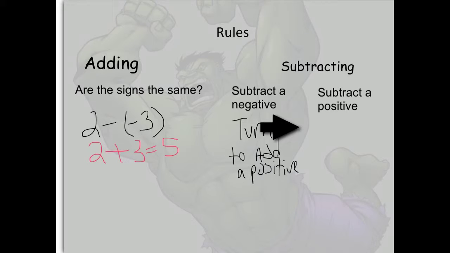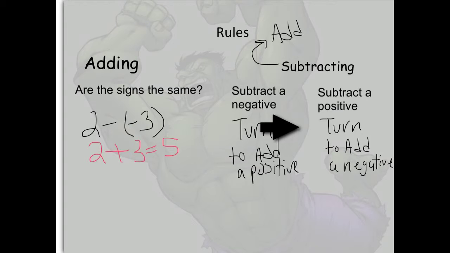Or we could be subtracting a positive, and in that case we turn to add a negative. Really the rule for subtracting is add the opposite. That's just the easiest way to say it. So for example number 2, let's say 3 minus 7.